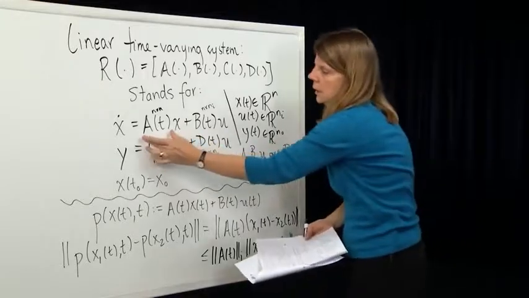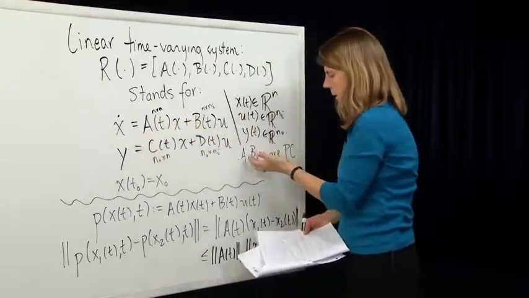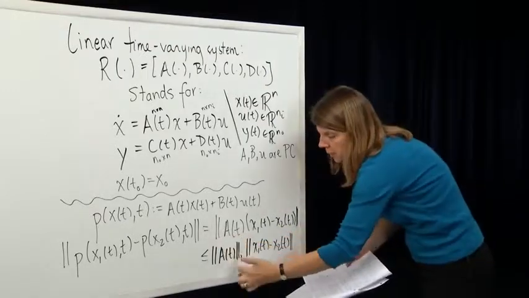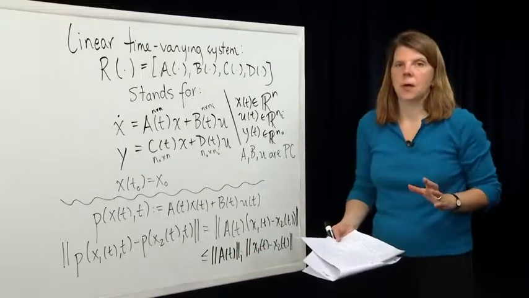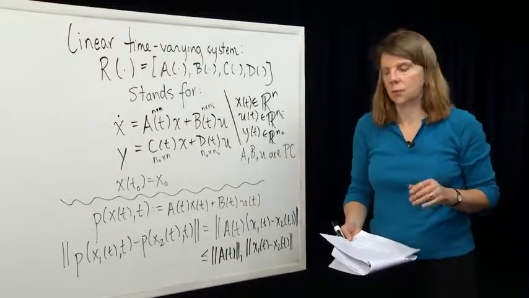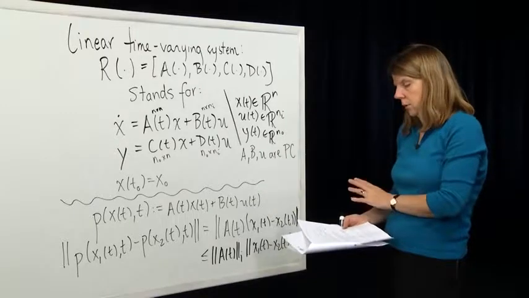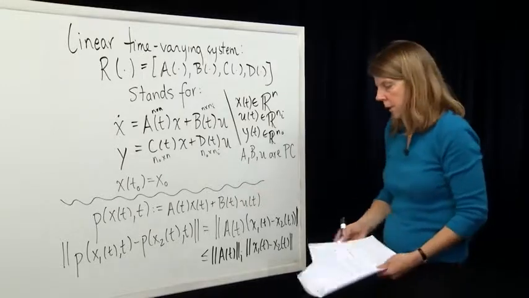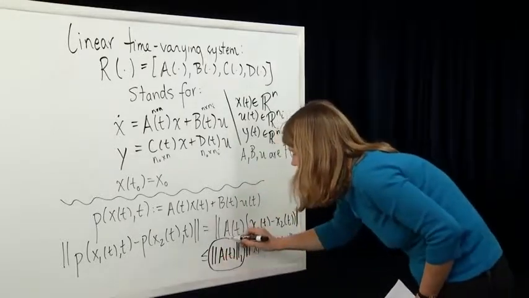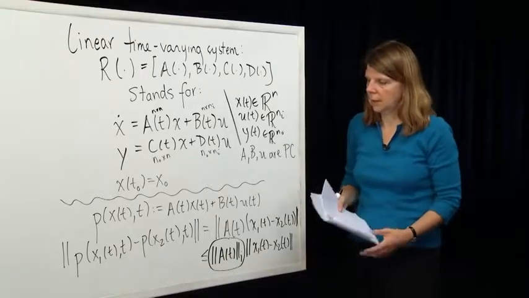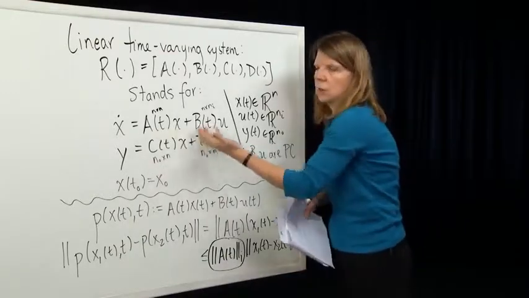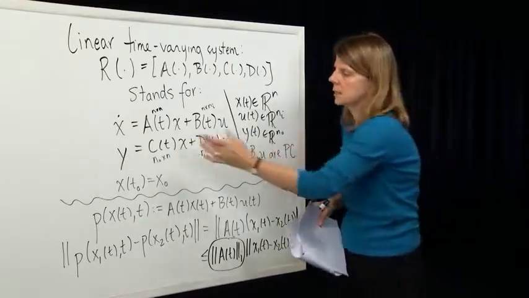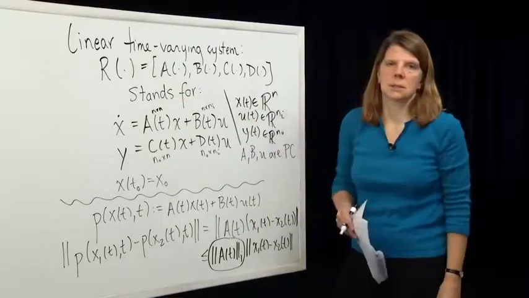Since A of t exists and is piecewise continuous in time, this term provides a valid Lipschitz function for this inequality, and since it's defined everywhere, it's a global Lipschitz function. Thus, differential equations with that right-hand side are automatically Lipschitz continuous in x if A of t exists and is piecewise continuous.